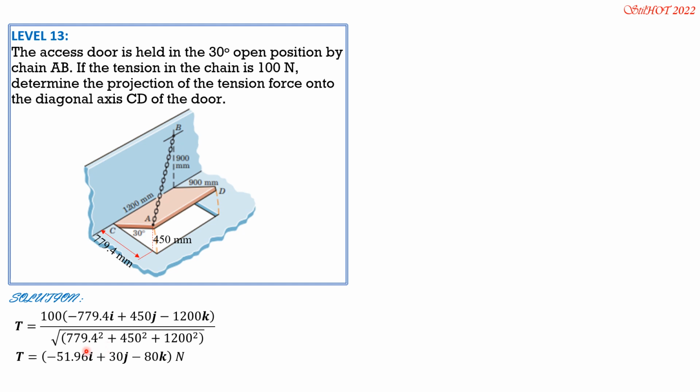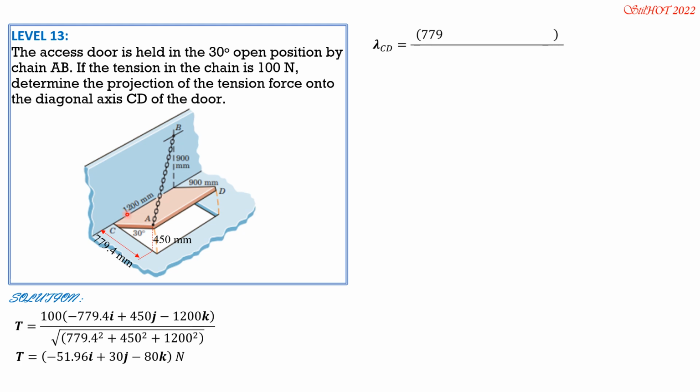Because we're going to obtain the dot product of T with the unit vector of CD to obtain its component on CD. So CD is from C to D. What we do is we move rightward along x 779.4i, upward along y 450, so positive 450j, then backward along z, -1200k, then divided by the square root of the distance.